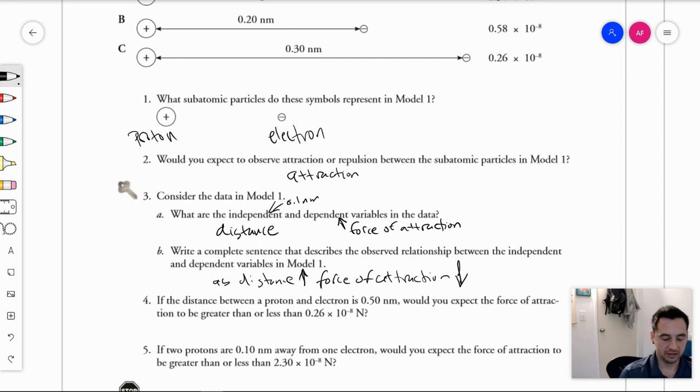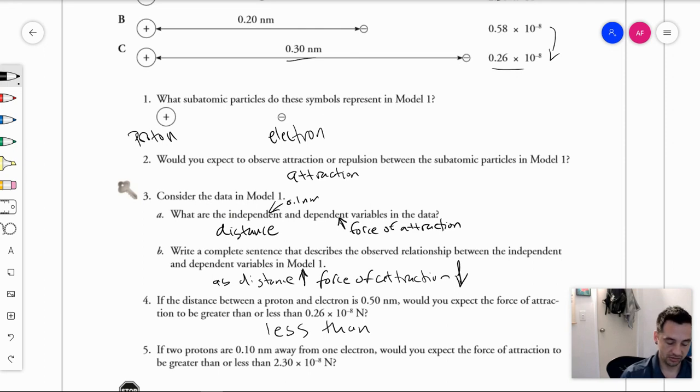Okay, if the distance between proton and electron is 0.5 nanometers, so it's longer than the last one here, the last one's 0.3, would you expect it to be greater than or less than? So as you see, it's going down, so it would be less. So the force of attraction decreases over distance.